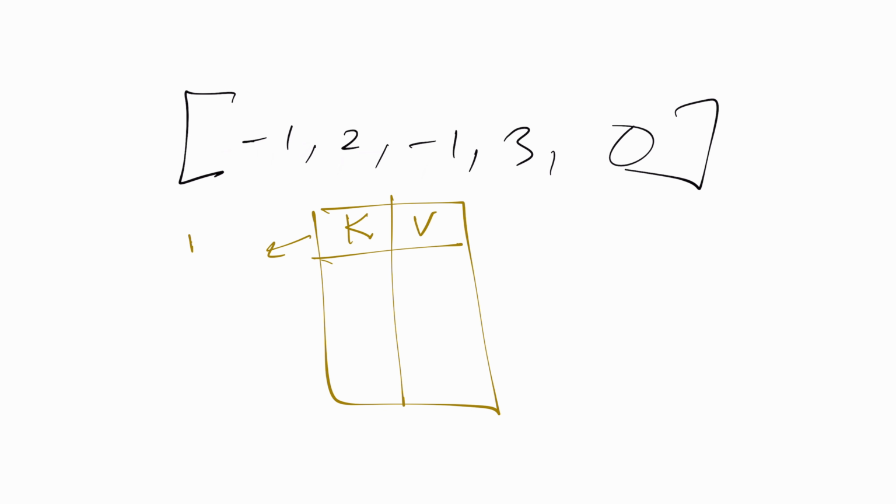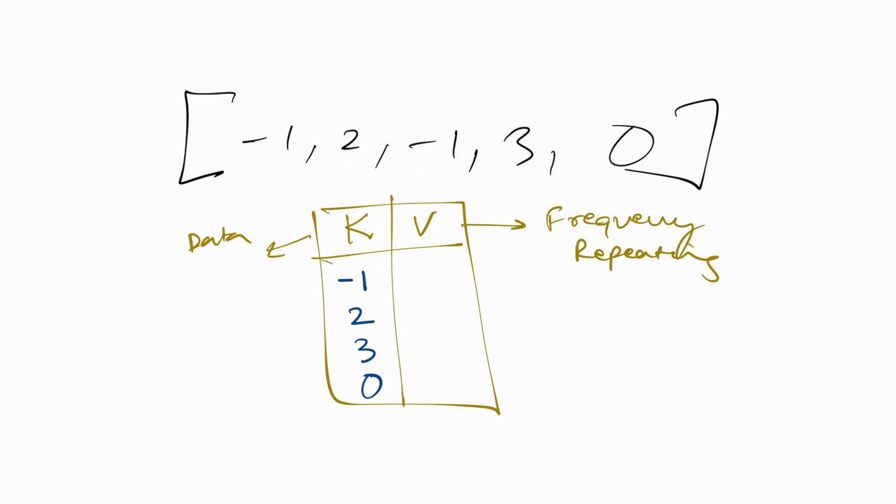The key will have the data and the value will have the frequency. The frequency means how many times it is repeating. Now consider my data is -1, 2, 3, and 0, because I'm not going to store repeated keys.